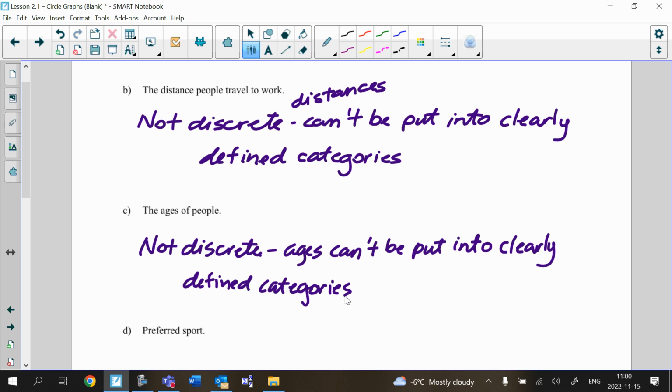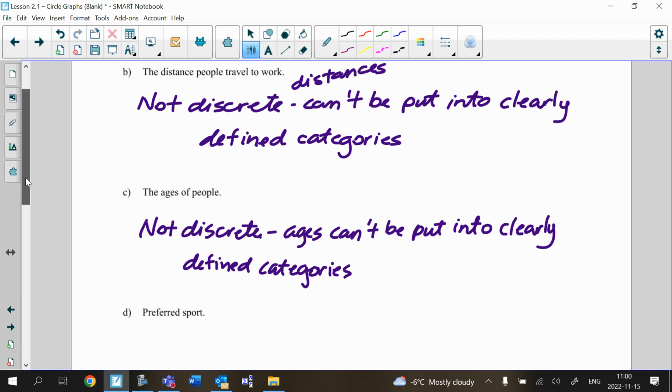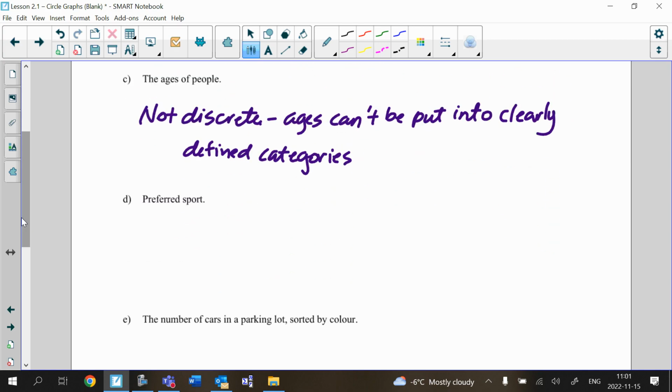But something like preferred sport can be counted, can be put into clearly defined categories. They can be counted, not measured. So we would say preferred sport would be discrete.